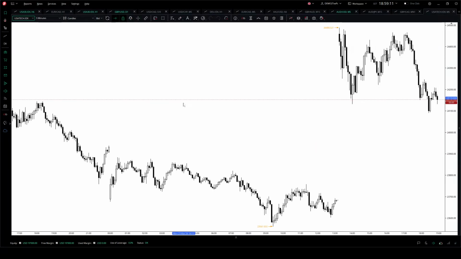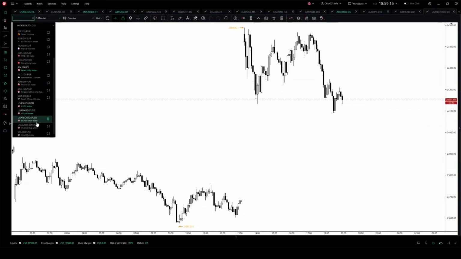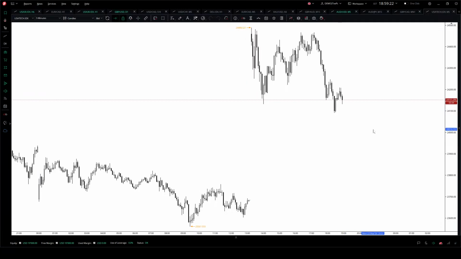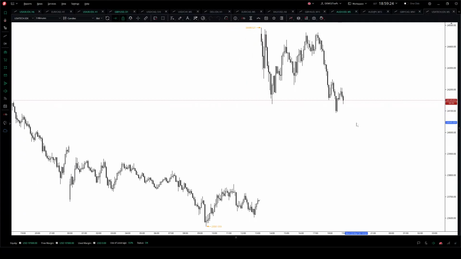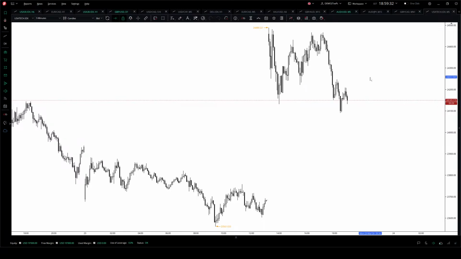Let's look at US Tech. This is US 100 index. Just sellers have been able to successfully complete a swing on the downside. Now, when I say sellers were able to complete a swing on the downside, it looks very obvious.